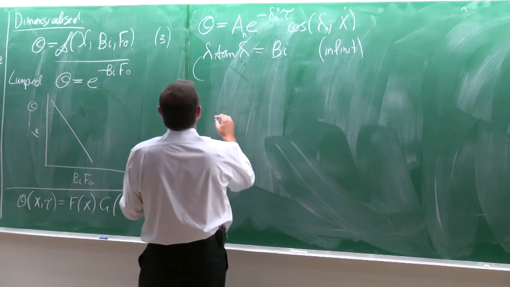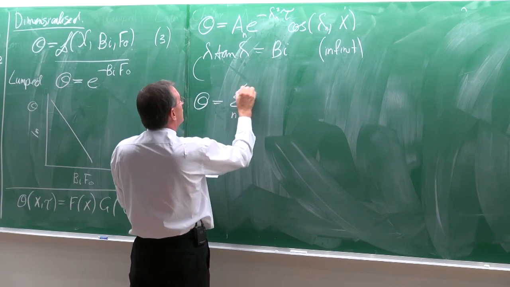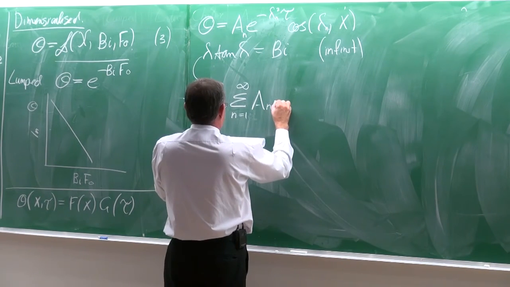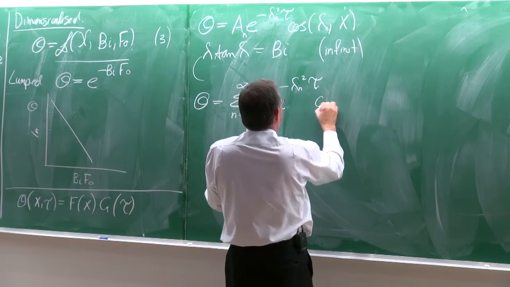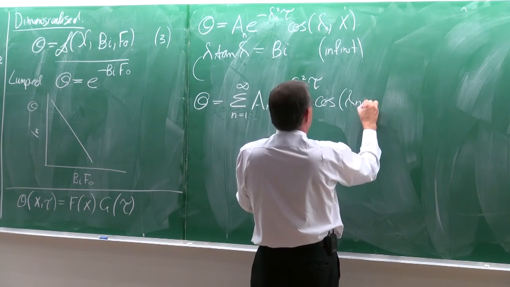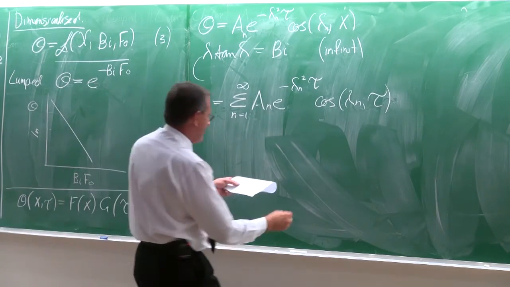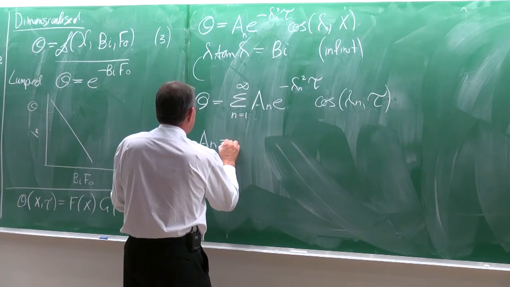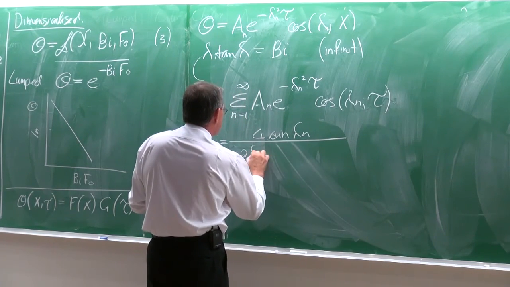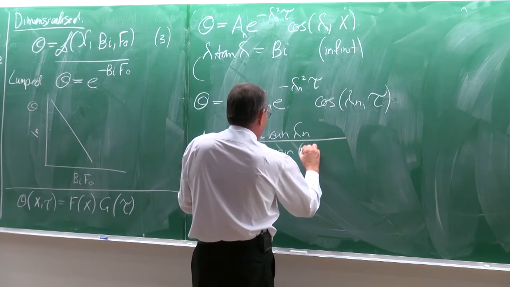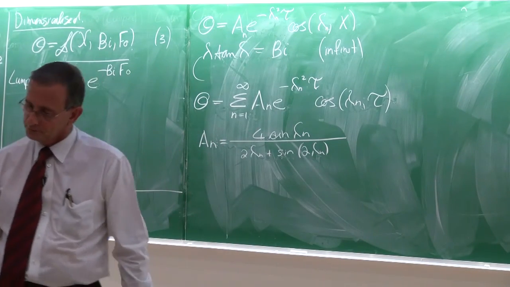Now the result of all this is that the solution can be written as theta is equal to the sum of n equal 1 to infinity of a_n e to the minus lambda_n squared multiplied by tau multiplied by the cos of lambda_n x, where the constants a_n is equal to 4 times the sin of lambda_n divided by 2 times lambda_n plus the sin of 2 times lambda_n. Okay, looks very complicated. Do you agree? Yes. Okay.